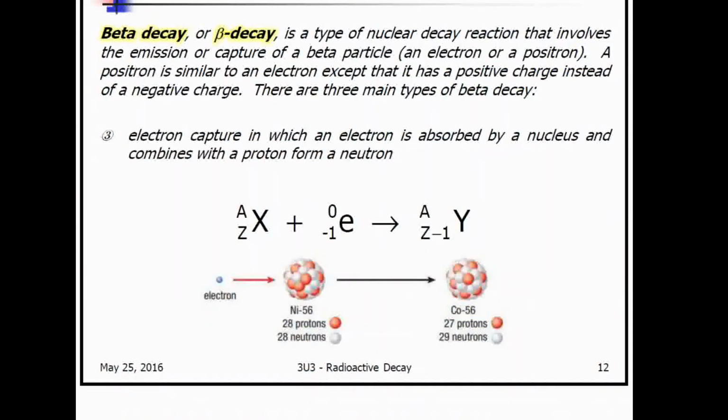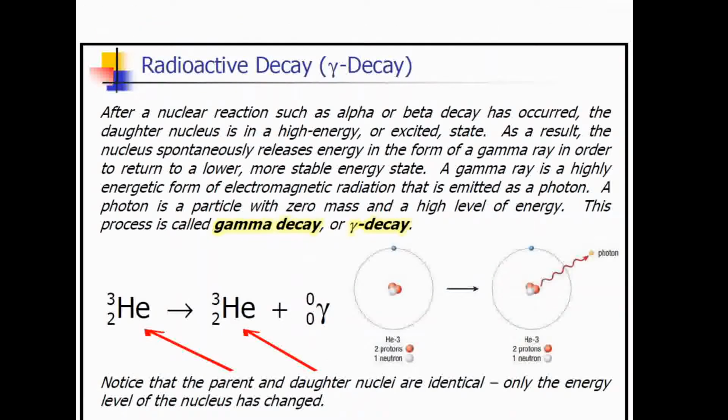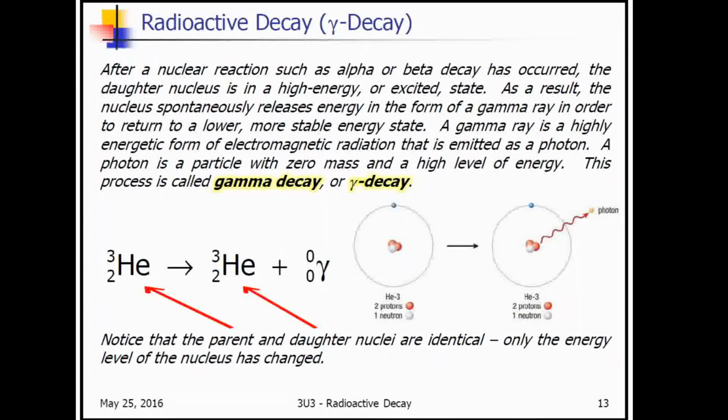So those are the three beta decay reactions. The last one is kind of the easiest because it doesn't involve that much movement in terms of changing. But gamma decay, the one that is most penetrating, actually involves the emission of a photon or energy. And this helps explain how it's the most penetrating.